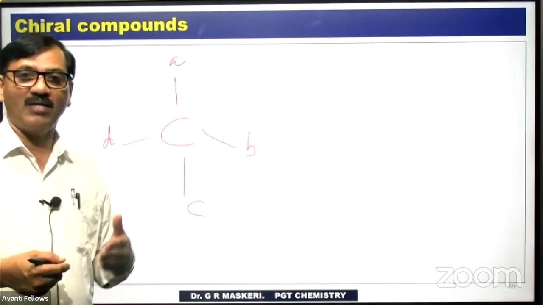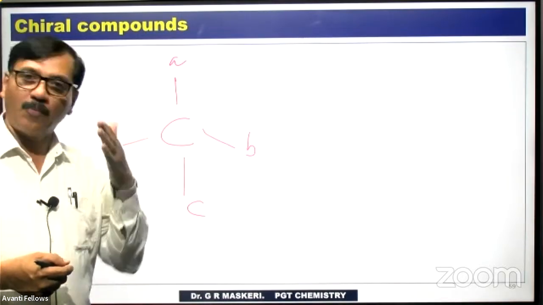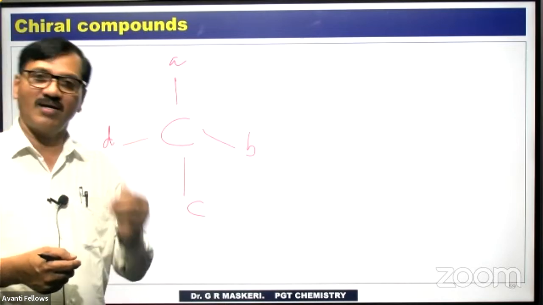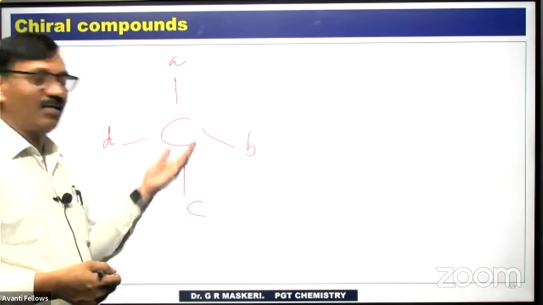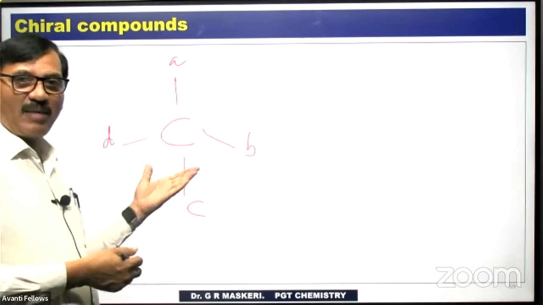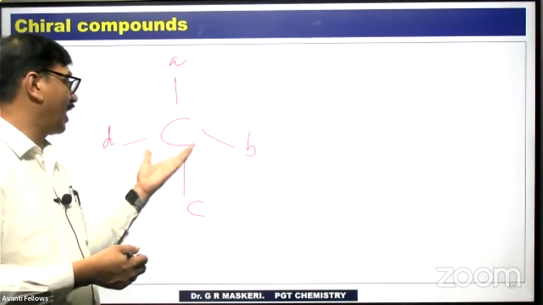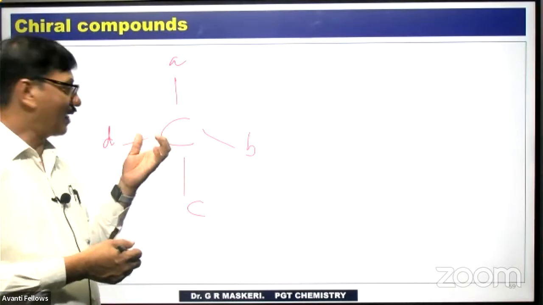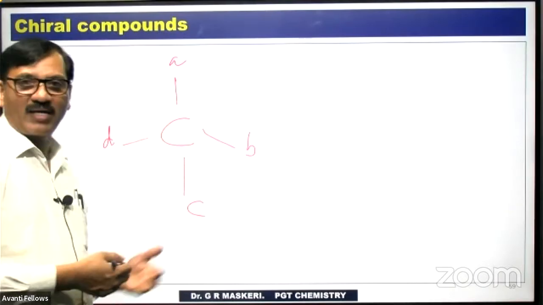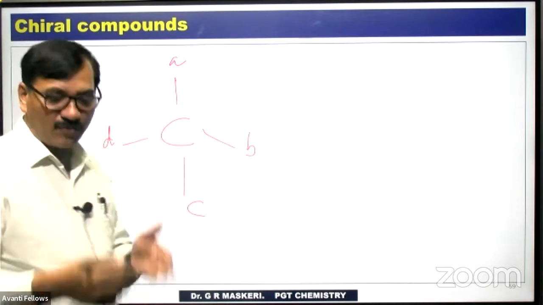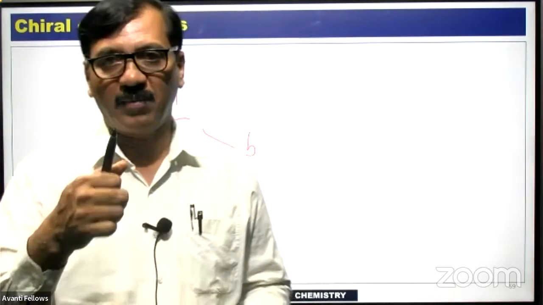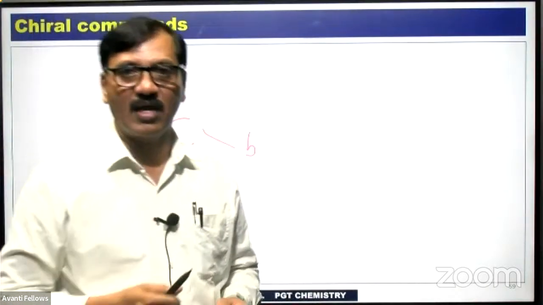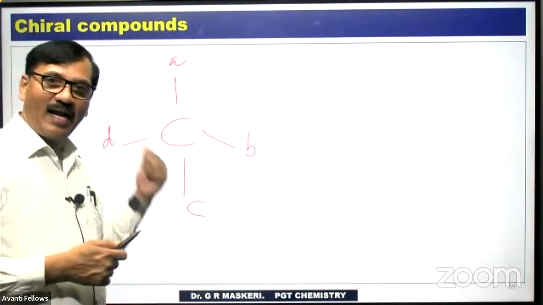It has no plane of symmetry, point of symmetry, or line of symmetry. If all these are absent, then this is called an asymmetric molecule or chiral carbon. A carbon having four different constituents is found to be optically active.